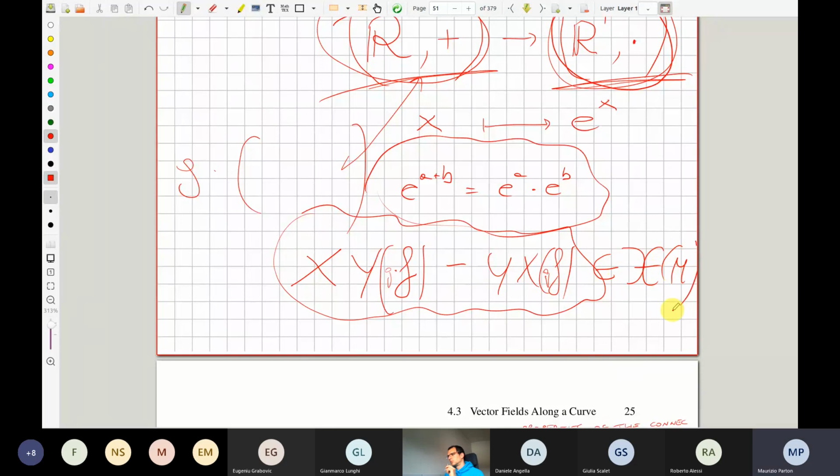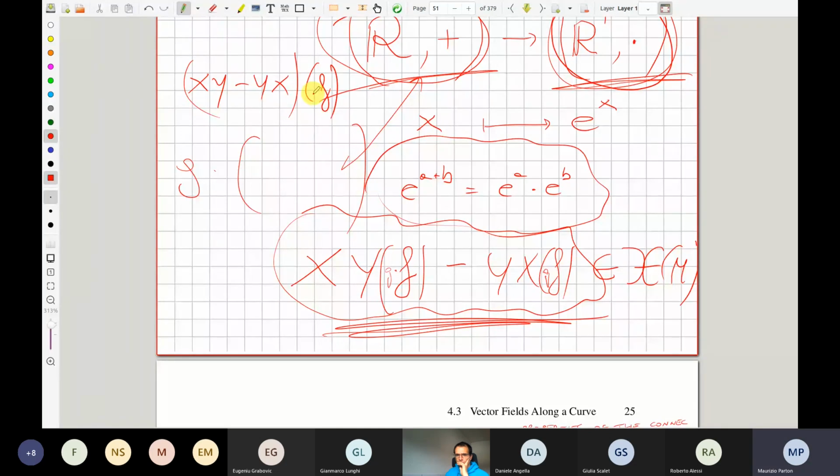A vector field on M is a derivation of functions. So if you have a function, you can apply this to the function, defined this way. And when I say it's a vector field, I mean it is linear with respect to functions and it is a derivation. You can try this property, and it works.